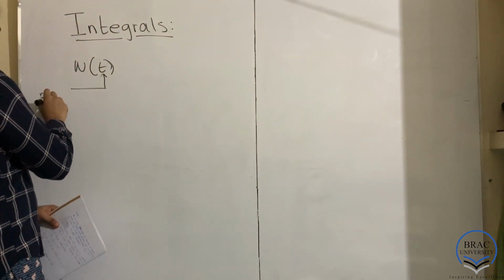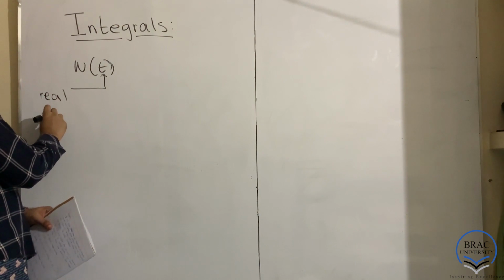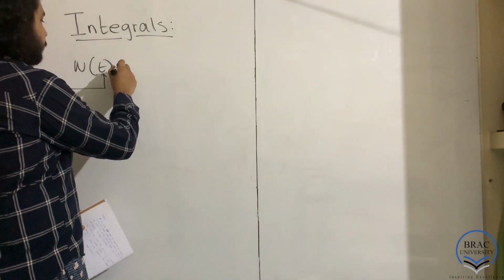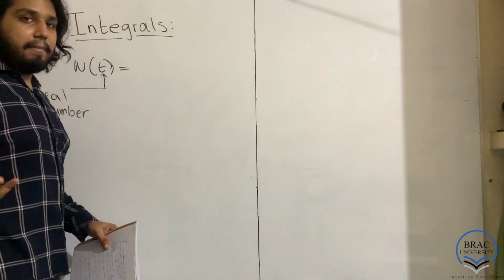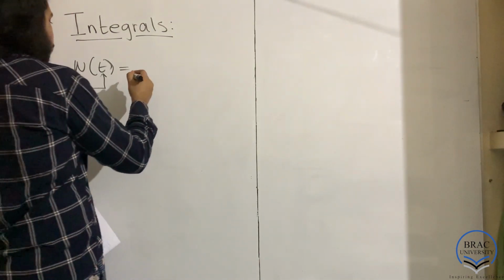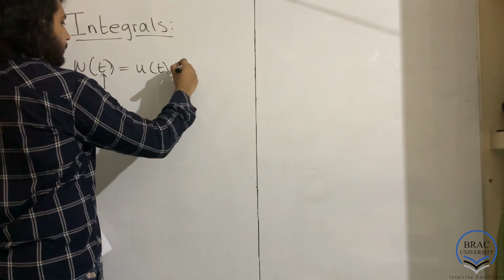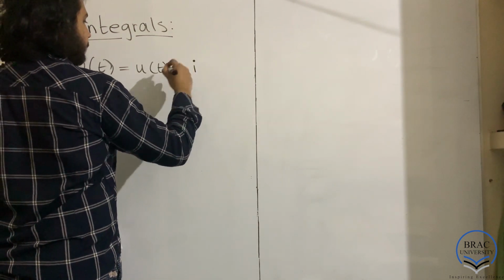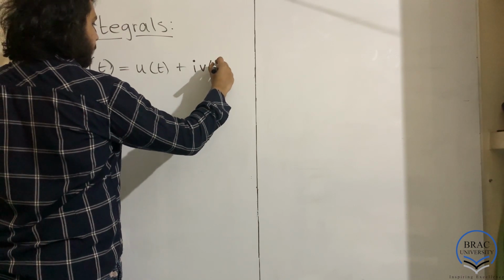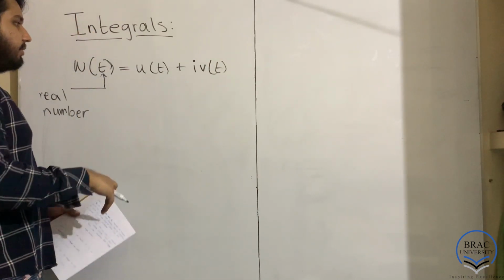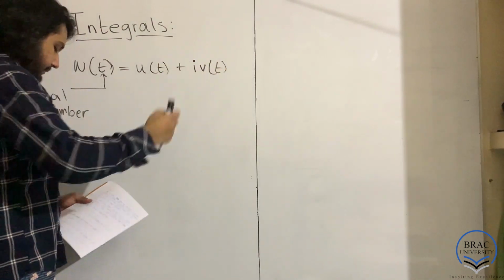Since this is a complex number, you can break it down into its real and imaginary counterparts. So you have u, which is independently dependent on t, plus i v, the imaginary part, which is again independently dependent on our real parameter t.